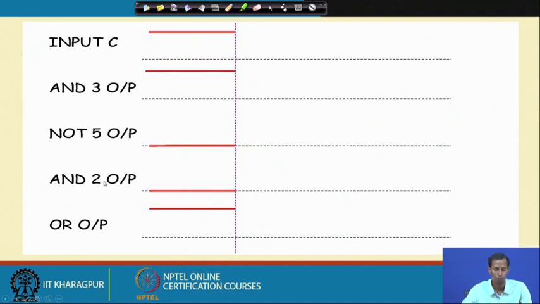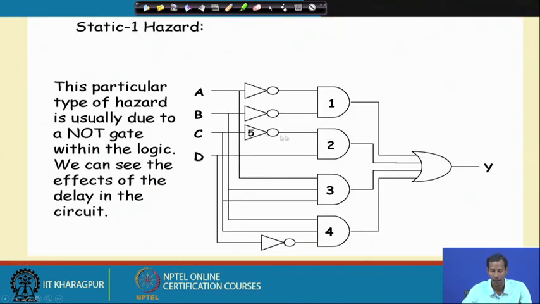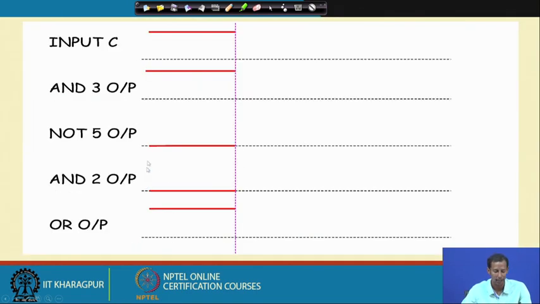Then what is the AND 2 output? AND 2 output is C bar into D. So, D is 1, and one of the inputs, C bar, is 0, which means as long as C is 0, this output will be 0. As long as the NOT 5 output C bar is 0, AND 2 output is also 0.